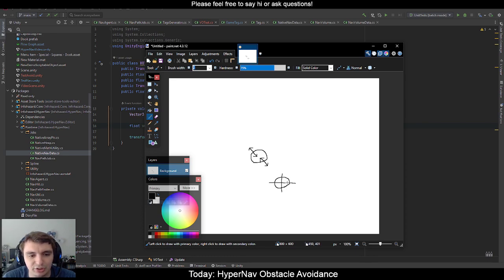Assuming the origin is in the center of this object, I just have to expand every point on this object by the value on this object. Okay. And it's going to be the same for out here. All right.